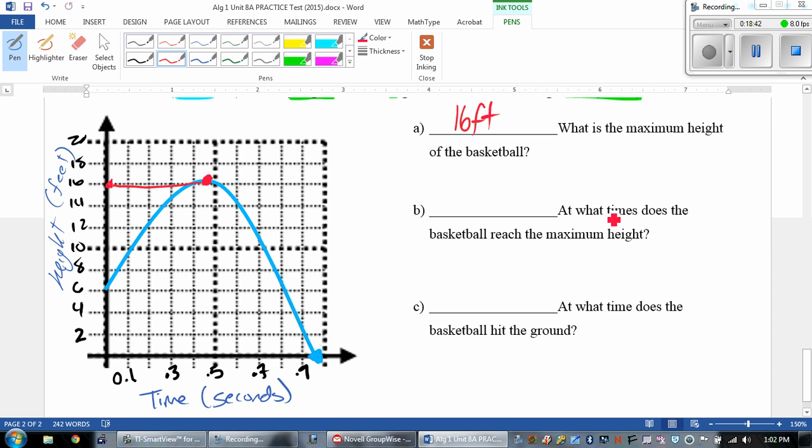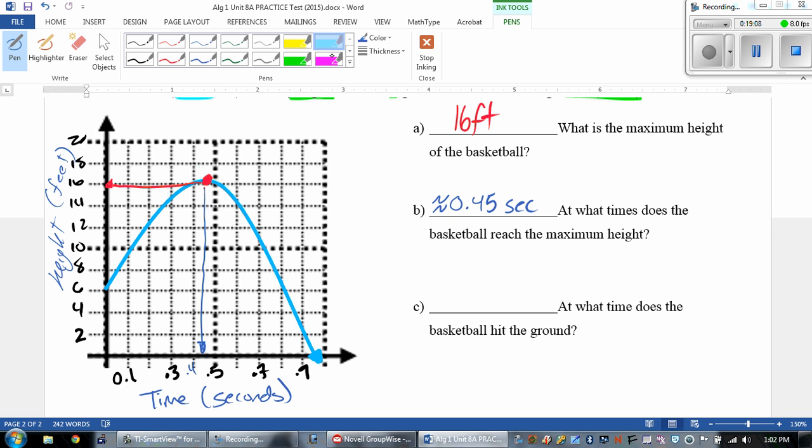At what time does it reach its maximum height? Well, that's where I'm going to come down here, and it's in between 0.4 and 0.5. So I'd say that's around 0.45 seconds.